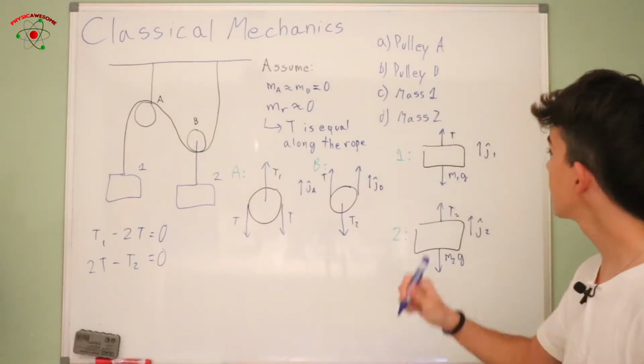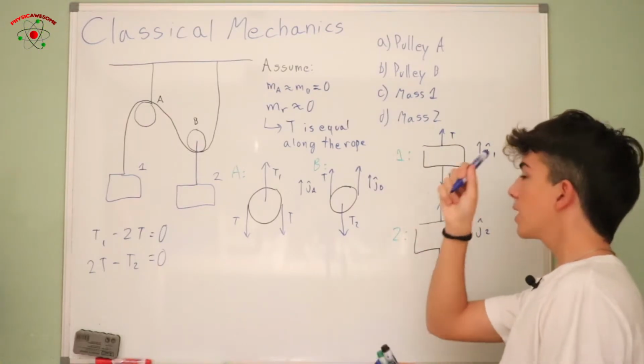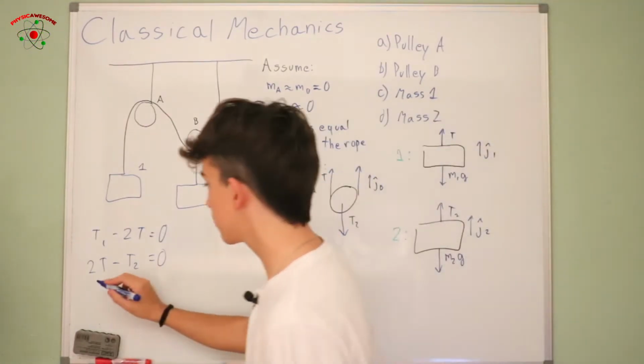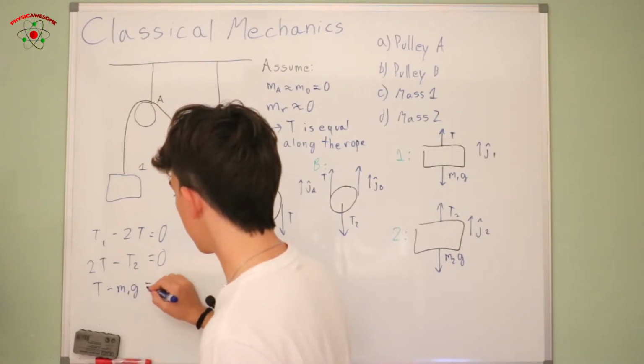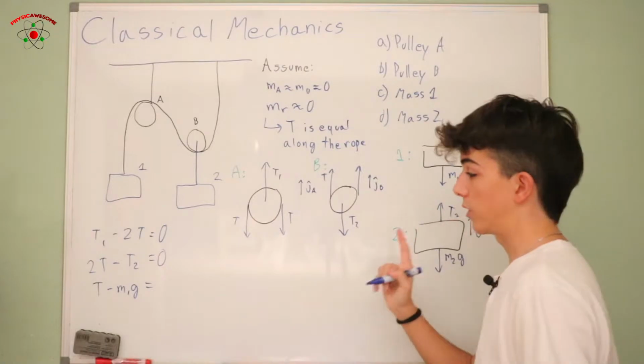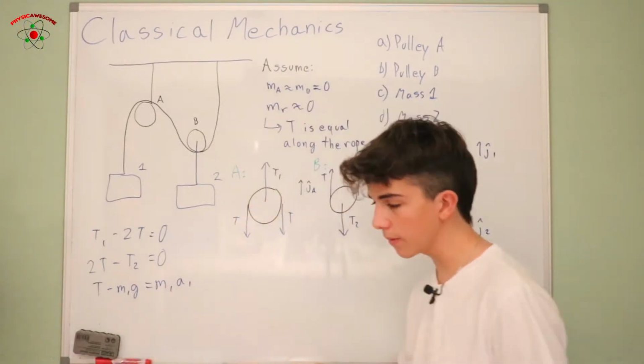Then we have mass 1, which has T pointing up and m1g pointing down. So this is T minus m1g equals, and in this case we have acceleration, m1 a1.